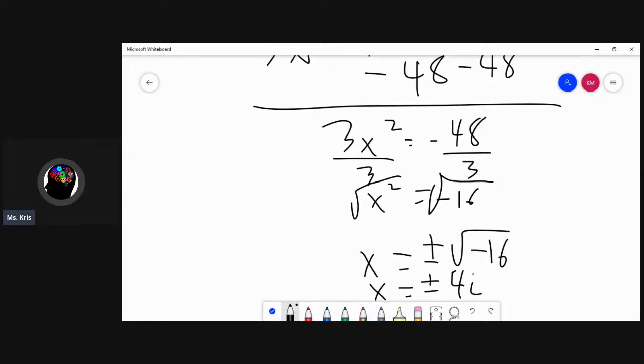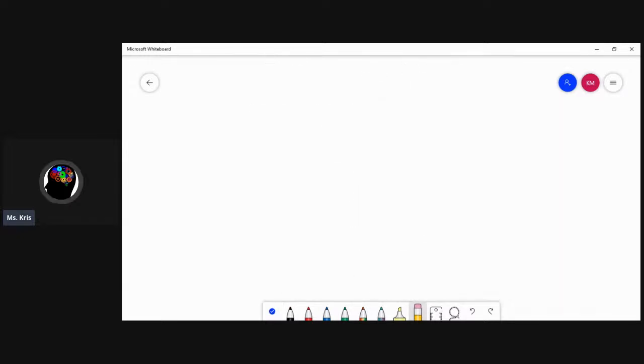Any questions before we move on to adding and subtracting, multiplying and dividing complex numbers? All right, moseying along. If you remember how you added and subtracted the radicals, it's the same process when you add and subtract imaginary numbers.